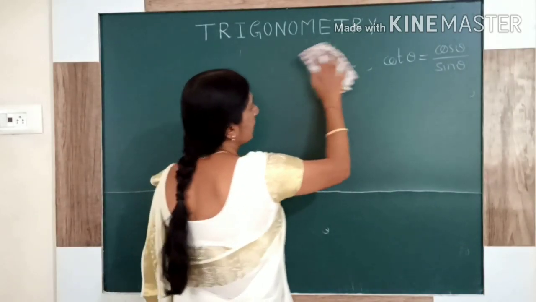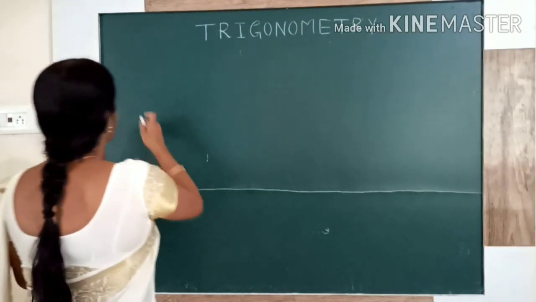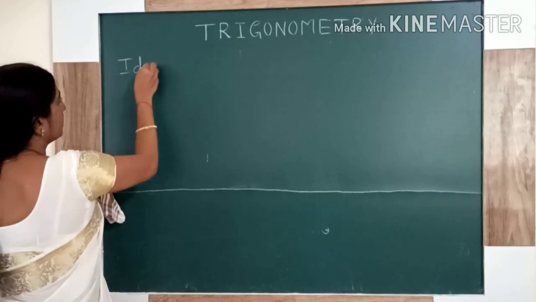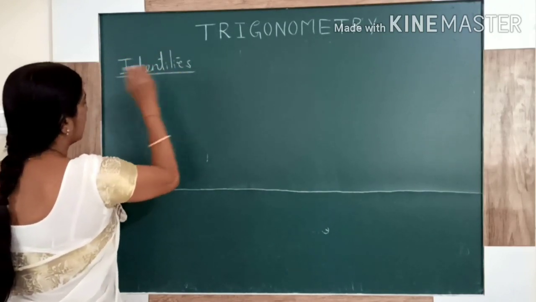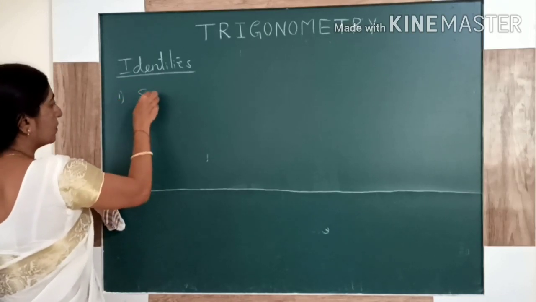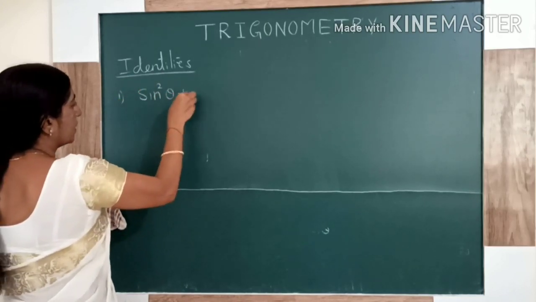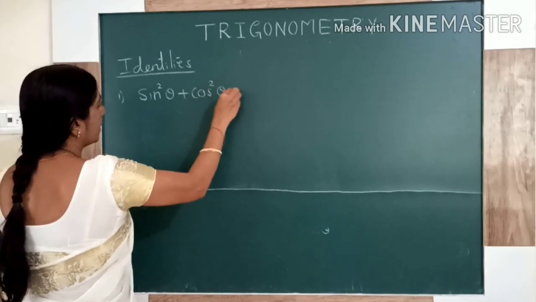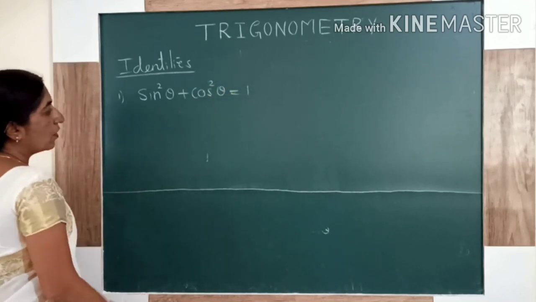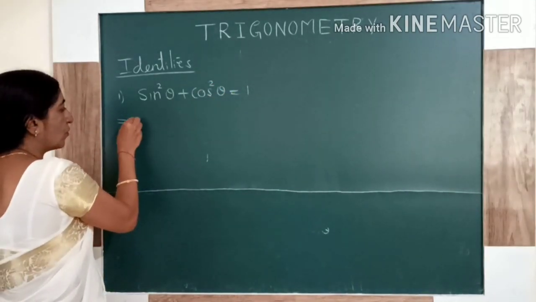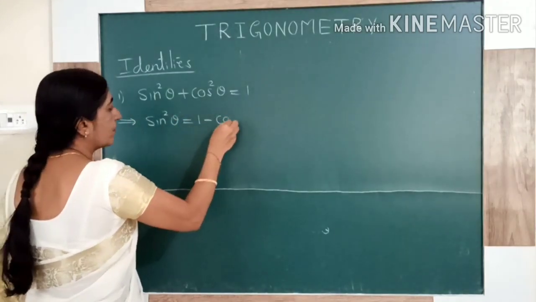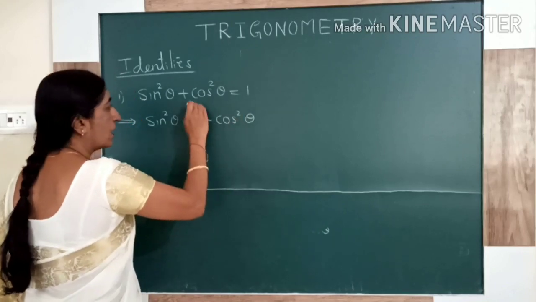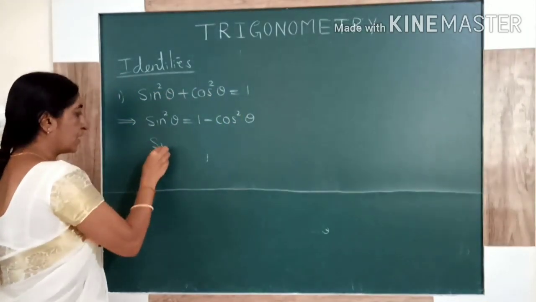What are the basic identities? The first one: sin square theta plus cos square theta is equal to 1. Or depending on the problem, you can write sin square theta as 1 minus cos square theta, taking cos square on that side.